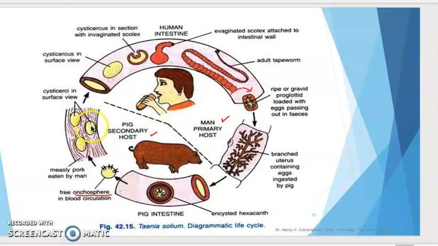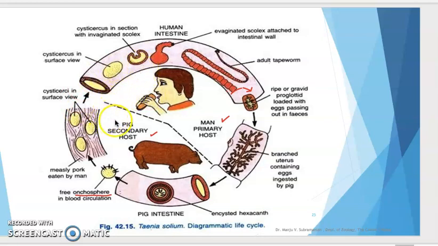This cysticercus soon secretes a surrounding cyst. You can see here a single cysticercus. Now the muscles and all the other regions may be infested by this cysticercus, and when the muscle of the pig accidentally reaches the human, it gets converted into the next stage.